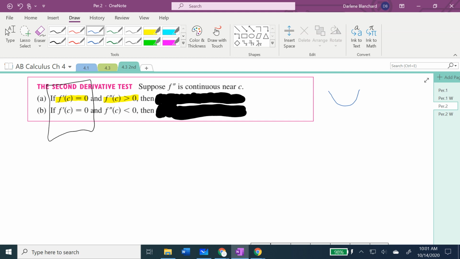So you have a relative minimum at x equals c if you are having a 0 slope in the middle of a concave up graph. That's what it's saying. And then the other one says second derivative negative. So if you are concave down and you are having a 0 slope in the middle of a concave down graph, you have a relative maximum. And now I will erase.